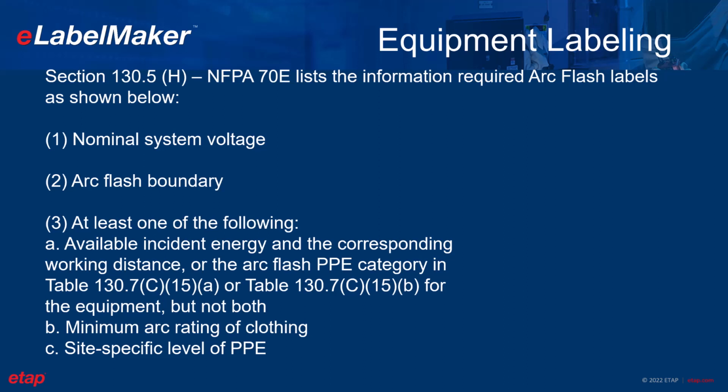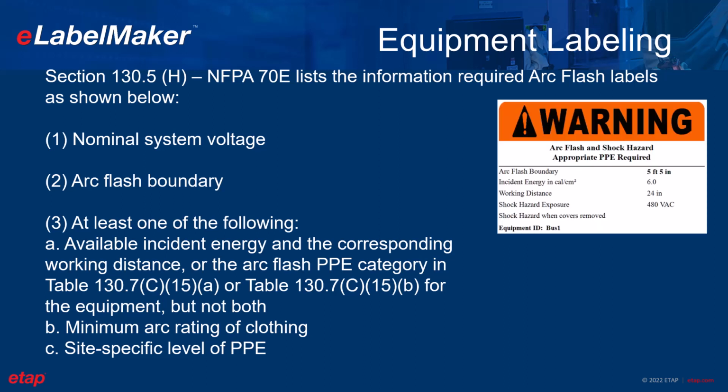Or you can have the arc flash PPE category from the NFPA 70E tables for the same equipment, but we cannot use both as per the equipment labeling section. On top of that, you can also have a minimum arc rating of clothing and the site-specific level of PPE. So a typical arc flash label, a simple one, looks like what you see here, which satisfies the requirement available in this particular section.